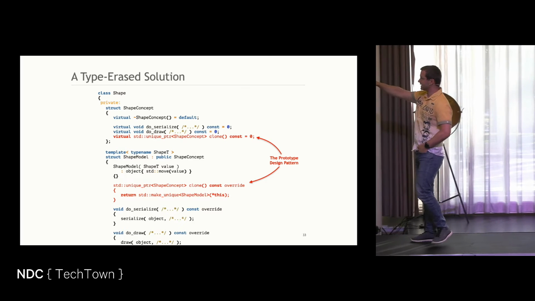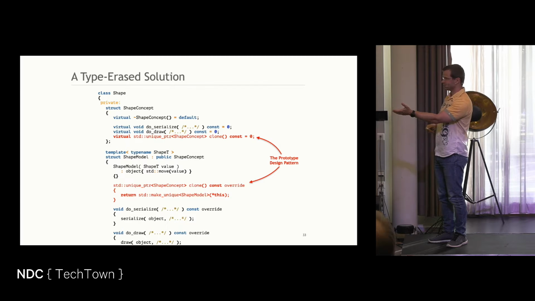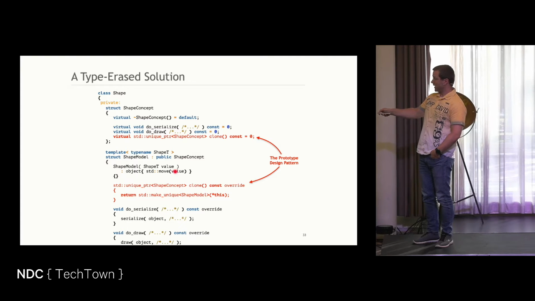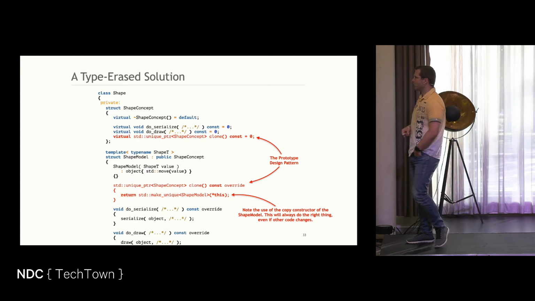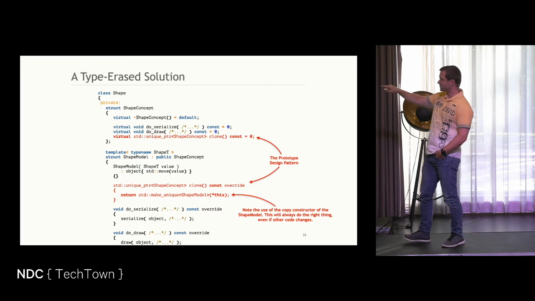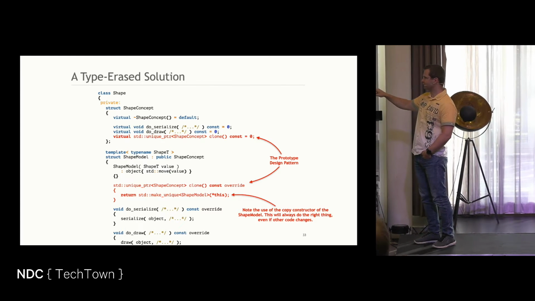The base class, the nested base class shape concept, introduces a clone function, pure virtual. I have no idea what I can do in a base class, but the derived class implements this clone function by creating a copy of itself. And for that purpose, I actually use the copy constructor. I pass asterisk this, which is something I seriously recommend.